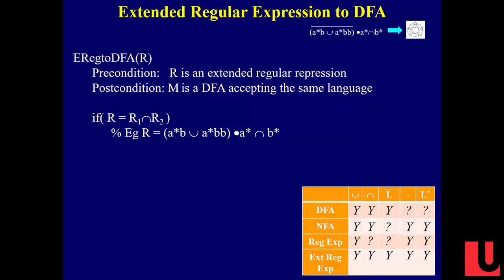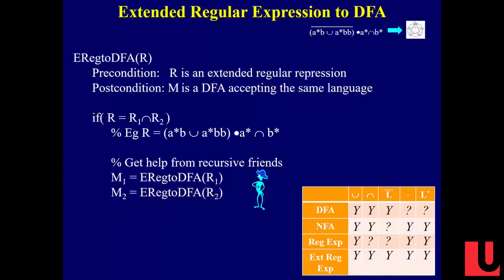I'm going to break it into these two pieces. I'm going to give this piece to one friend and this piece to another friend, and those are smaller. So what are my friends going to do? They're going to convert these two regular expressions into DFAs. Now I have two DFAs, and what do I do with those DFAs to get the intersection?